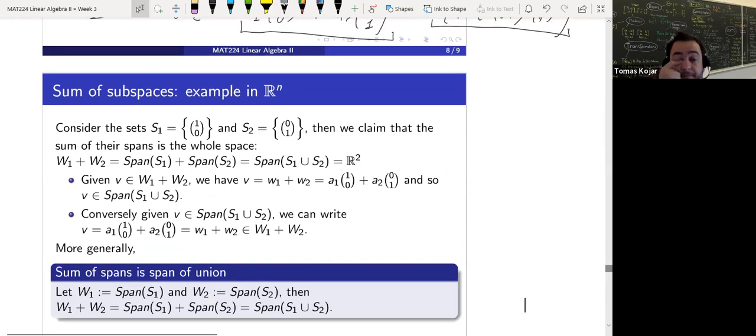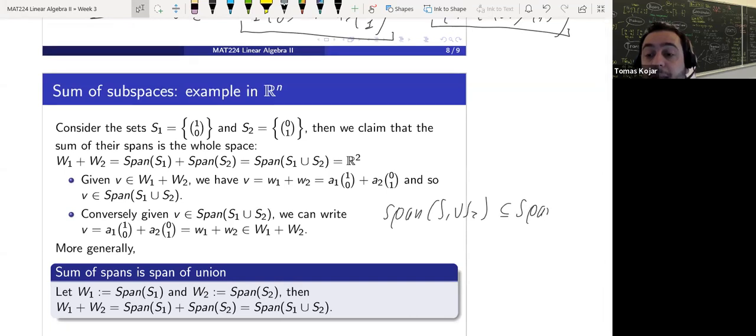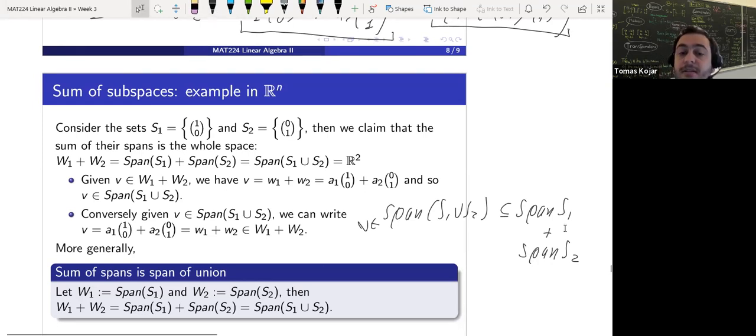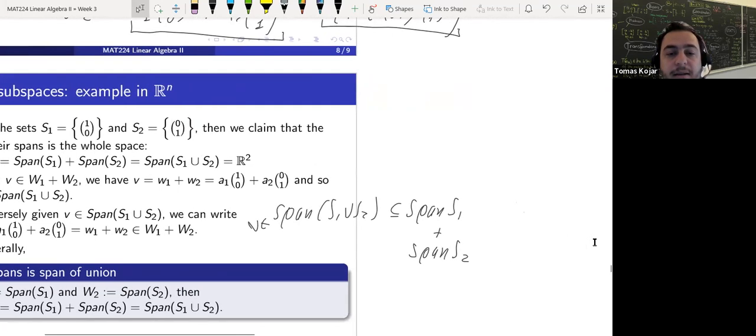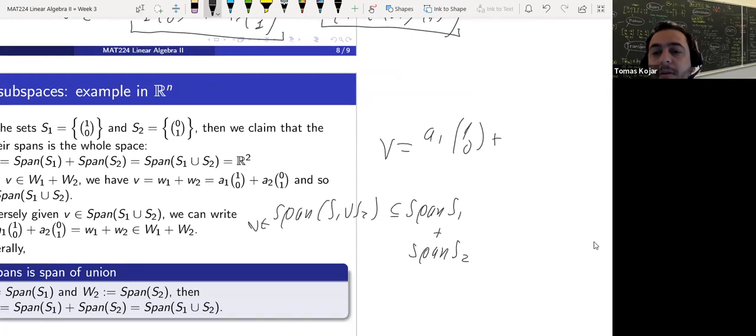All right. And then conversely, we want to show that the span of the union is inside the summation of the spans. So what do we do? Since V is in the span of the union, it means you can write V as A1 (1, 0) plus A2 (0, 1).